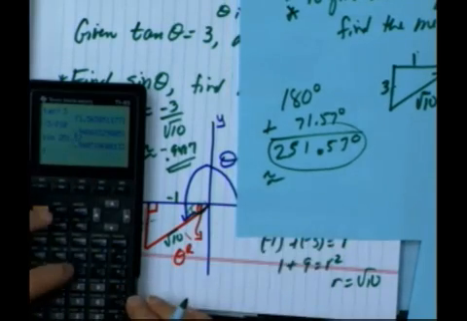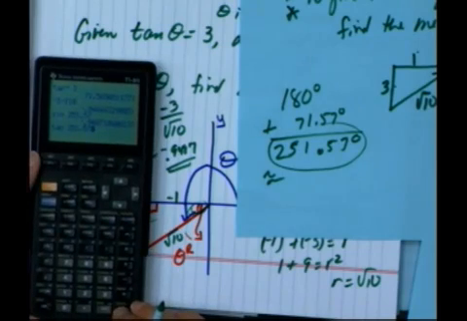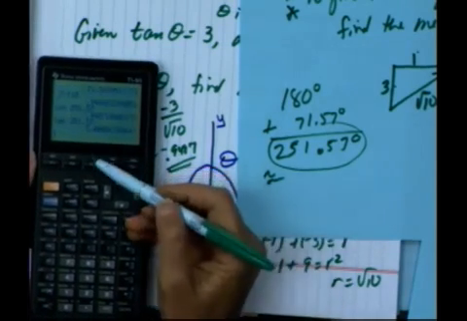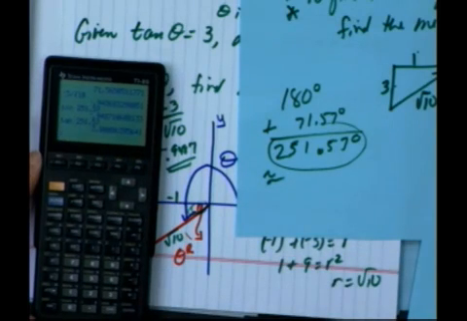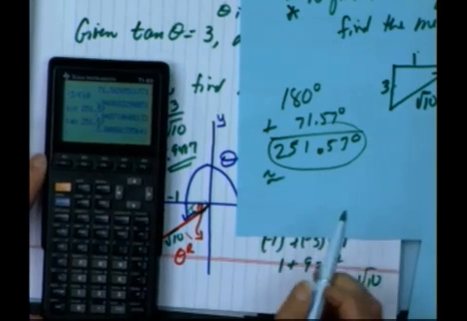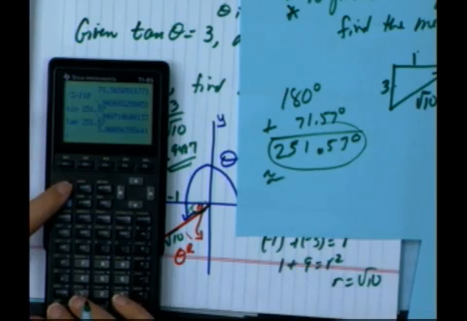And if I look at the tangent of 251.57 degrees, that should come out pretty close to 3. And it came out to be 3.00086. And I'm off due to rounding this angle a little bit. Okay, everybody doing good? All right, let's try another example.